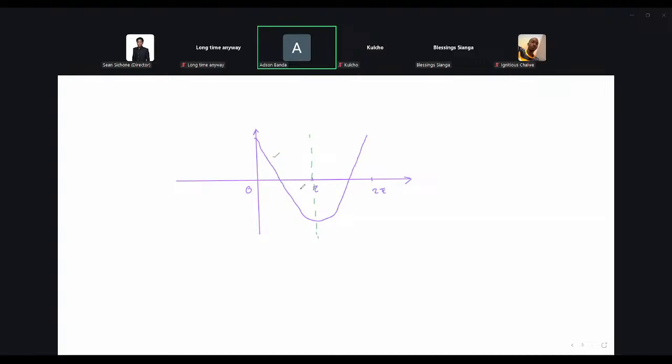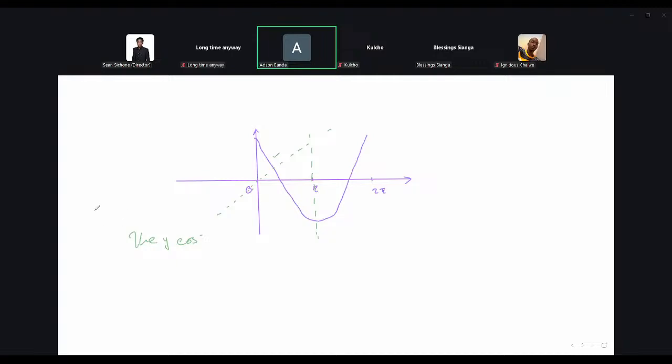Now, again, we can draw the graph of y is equal to the cosine of x. It is actually also a reflection of the cosine inverse. So the cosine inverse graph is a reflection of the inverse.